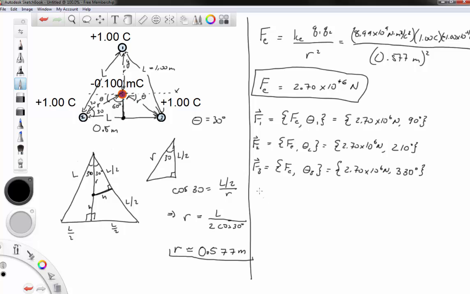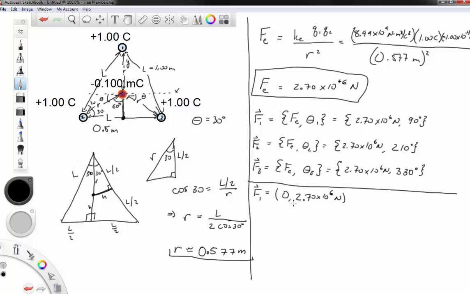Now we need to carry out step 3 in this process, which is that we've got to actually add all these forces together. And to do that, we should convert all of these into Cartesian. So F1 is therefore going to be 0, 2.70 times 10 to the 6 newtons.